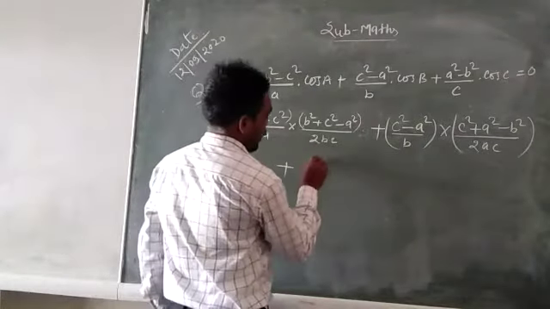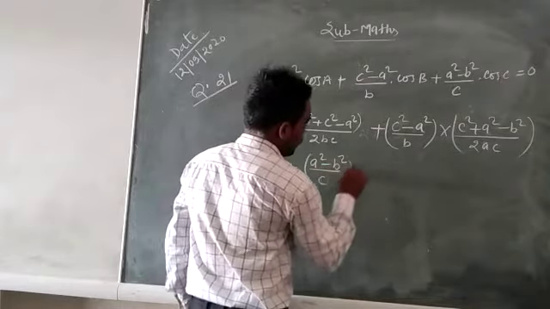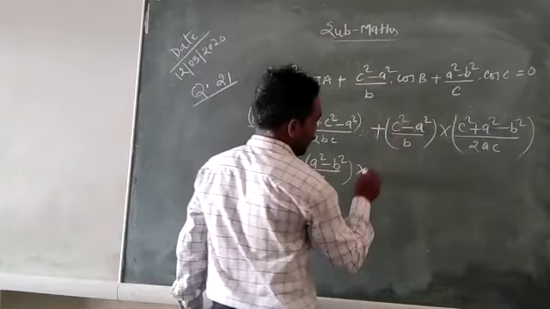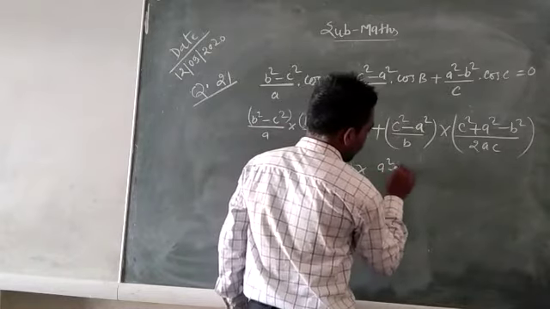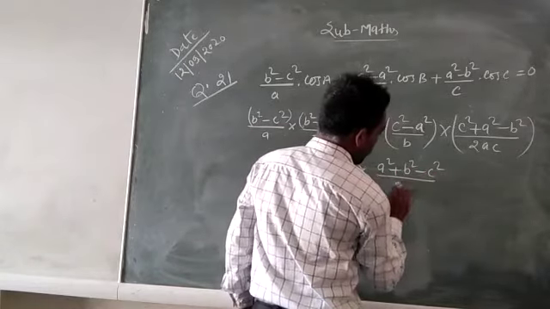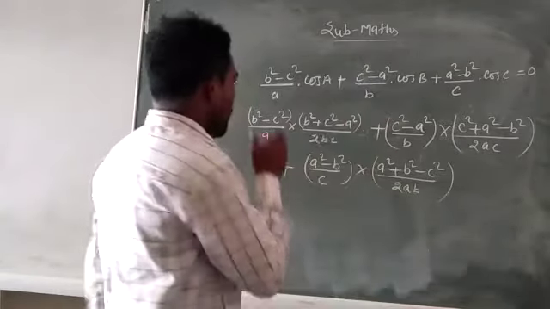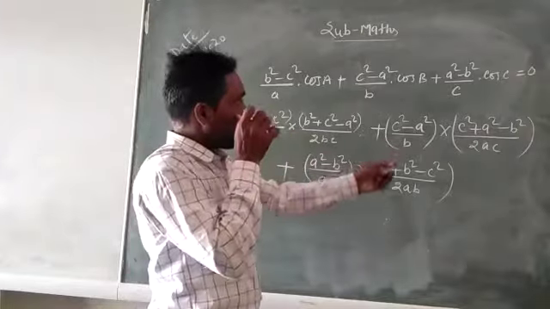Plus (a square minus b square) divided by c, multiplied by the value of cos C. Cos C means a square plus b square minus c square divided by 2ab. So here we take the LCM 2abc.